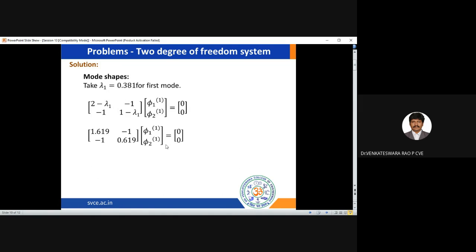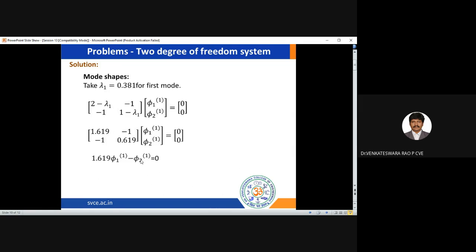Now we multiply these two. So 1.619 into phi 1,1 minus 1 into phi 2,1 is equal to 0. Likewise you can write the second equation also, but it is not required; the first itself is enough.